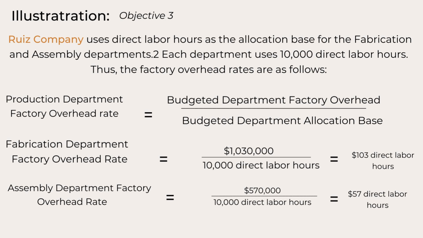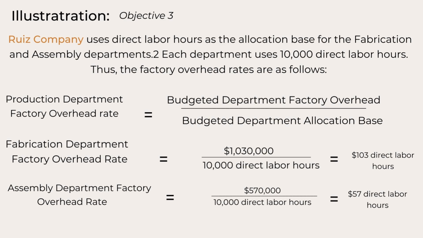So $1,030,000 over 10,000 direct labor hours, divided, the answer would be $103 per direct labor hour. On the other hand, using the same formula, we have $57 per direct labor hour for the assembly department factory overhead rate.